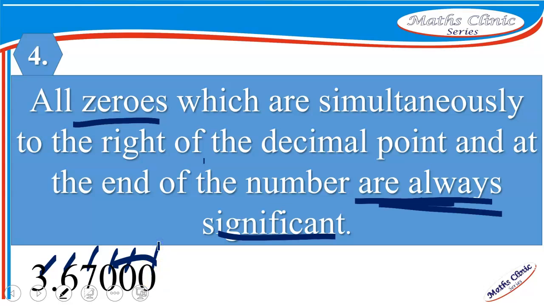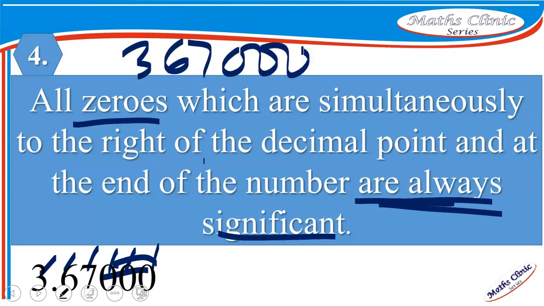In fact, it is a bit tricky over here, so try to understand it. Because of the decimal point, this number becomes significant. If we have 367,000, here we'll have only 3 significant numbers. The zeros here become insignificant.